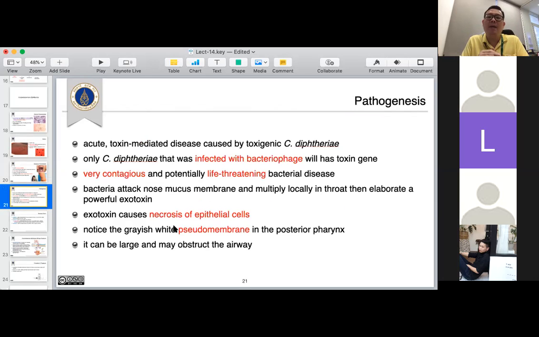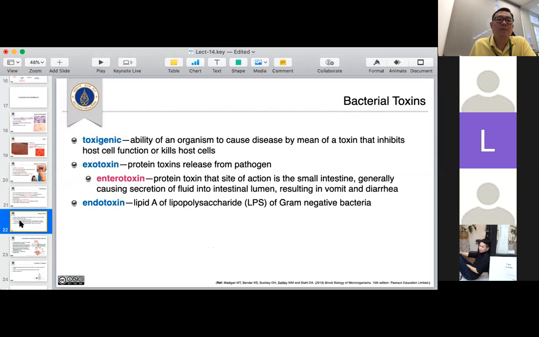In young babies, the pseudomembrane may become bigger and bigger, swollen, and the cavity that you need to breathe in and out is blocked. So children cannot breathe. That is very harmful. So bacteria possess toxigenicity by producing exotoxin and endotoxin.